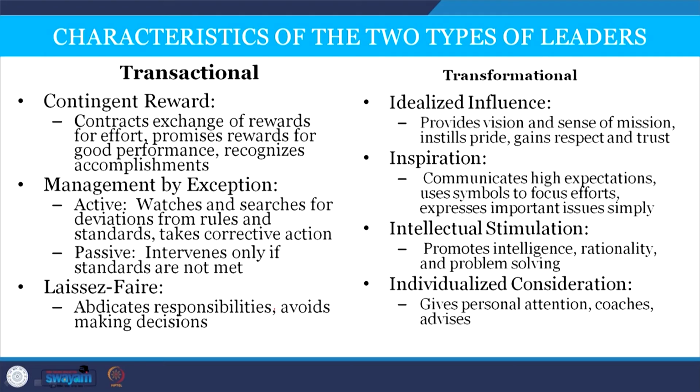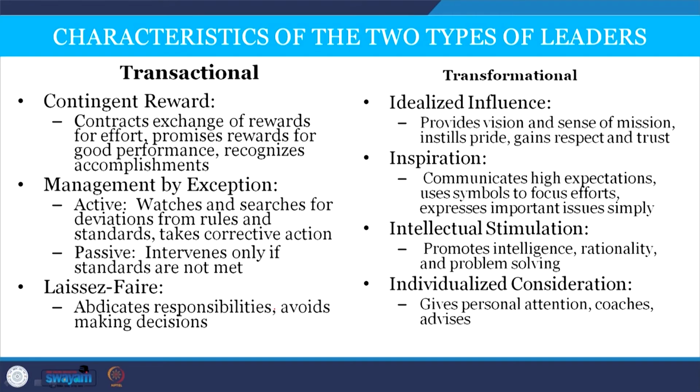Contingent reward: contracts exchange of rewards for effort, promises rewards for good performance, recognizes achievements or accomplishments. Management by exception: it watches and searches for deviations from the rules and standards, and takes corrective action if there is a deviation from the organizational rules, procedures or standards.